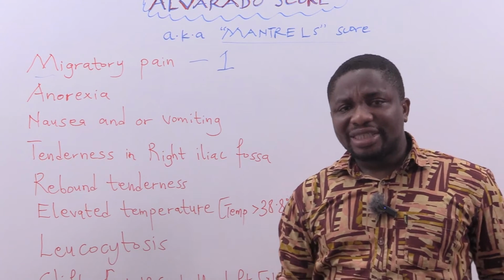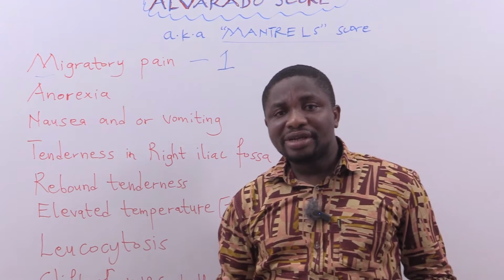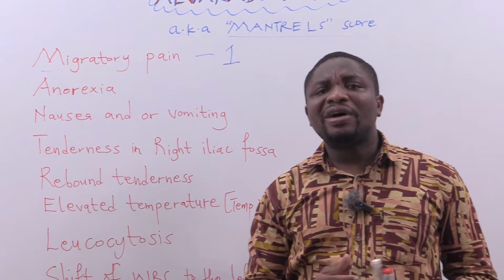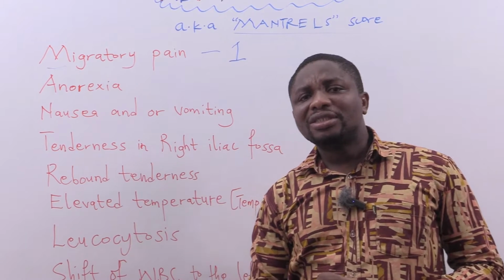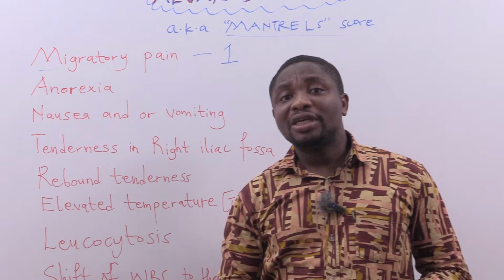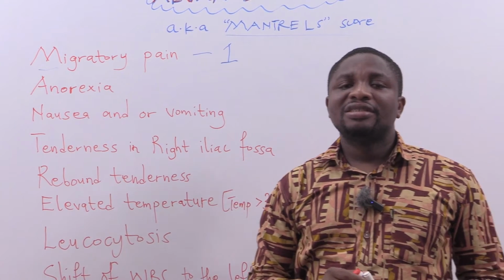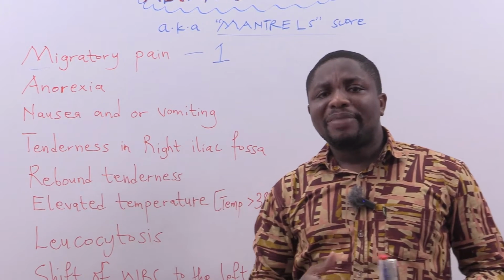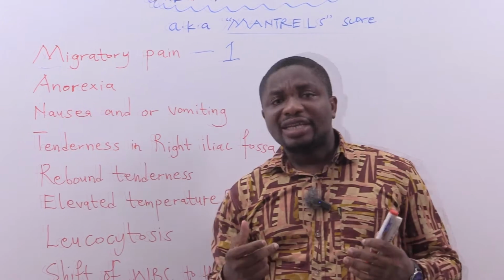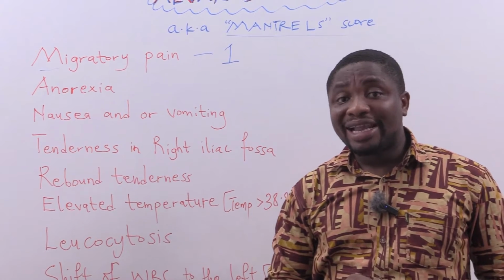And mid-gut structures, of which the appendix is part, anytime they are inflamed, the pain that will be generated will be of visceral origin, and will be referred to the center of the 10th thoracic segment, which is going to be around the umbilicus. That is why in most patients, initial pain in appendicitis is of visceral origin, meaning that it will be referred towards the umbilicus.